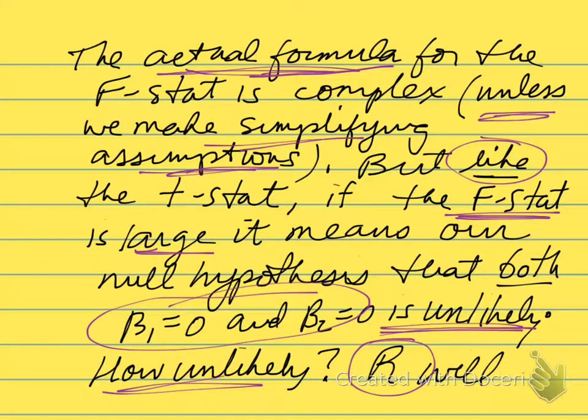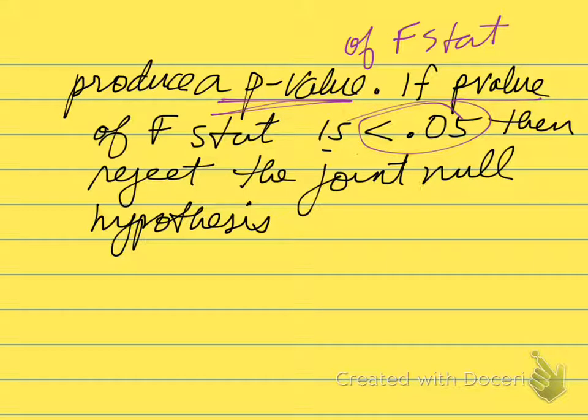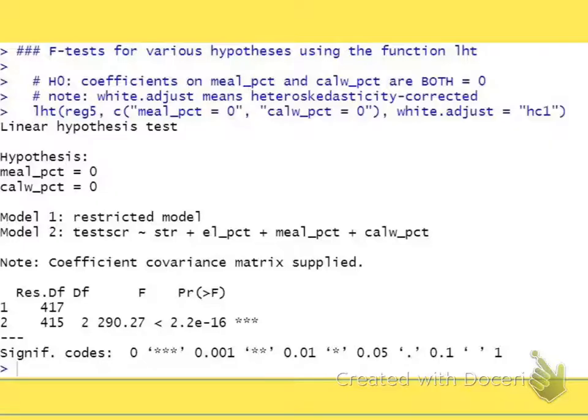Well, R, our statistical computing software, will calculate a p-value of the F stat for us. If the p-value of the F statistic is less than 0.05, our usual criteria, then we should reject the joint null hypothesis. So it's pretty straightforward, very similar to using the t-statistic to test a hypothesis about a single coefficient. Let's look and see how we do this in R.